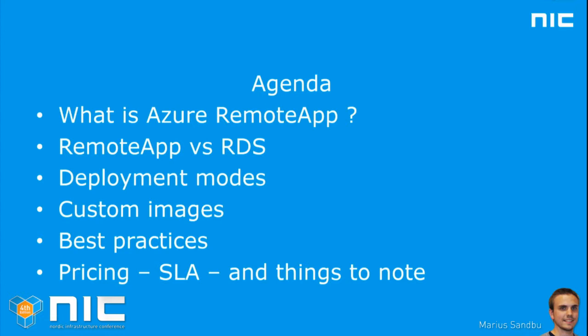And then the different deployment modes that we have in Azure Remote App, and how to create a custom image with our line of business applications, upload it to Azure, and make it available for our users. Then best practices, and of course I needed a slide on pricing, SLA, and a couple of things that are very important to be aware of.